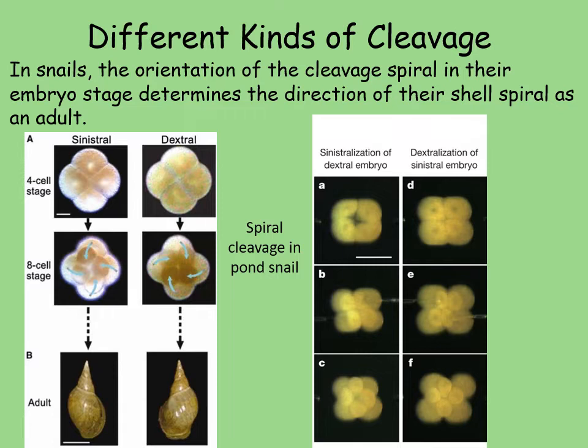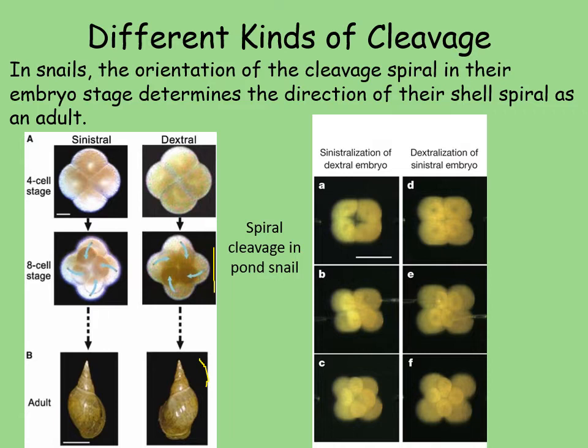So if you look at this diagram on the left here, some snails would follow what's called dextral spiral cleavage, which means that the new layers of cells are added clockwise, so it spirals clockwise. And that means that as it builds the shell, in this case from the top down, it's growing the shell in a clockwise direction.